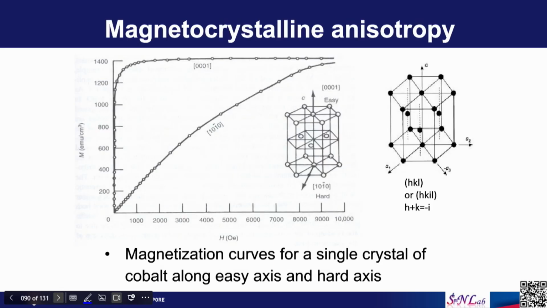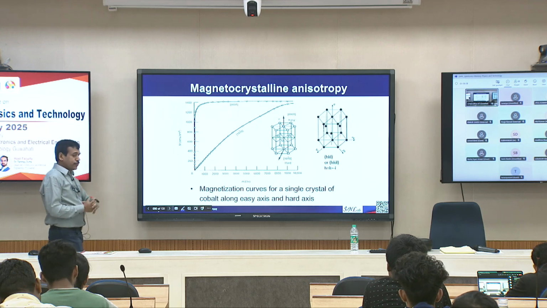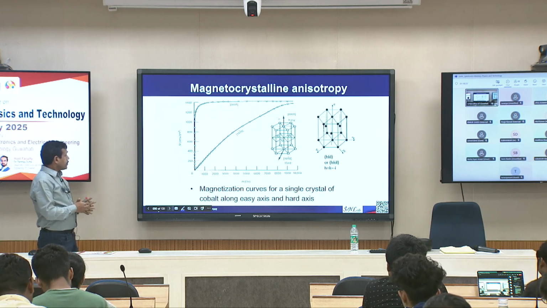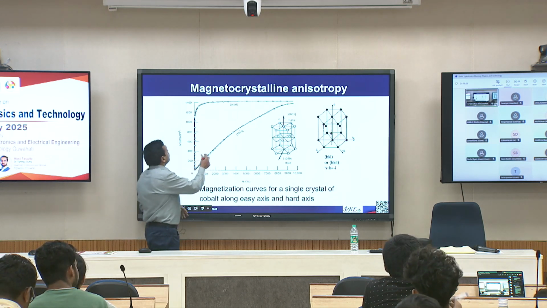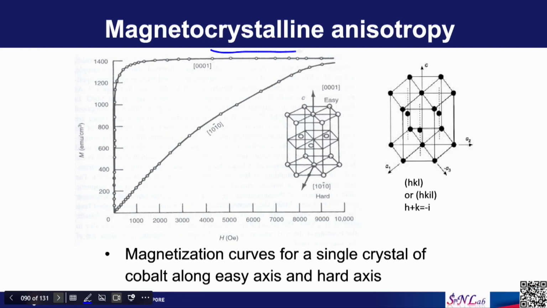Okay, let us first discuss magnetocrystalline anisotropy. As the name implies, this anisotropy comes from the crystalline property of material. Whether we are going to study magnetic recording or magnetic random access memory, we will be dealing with cobalt often.